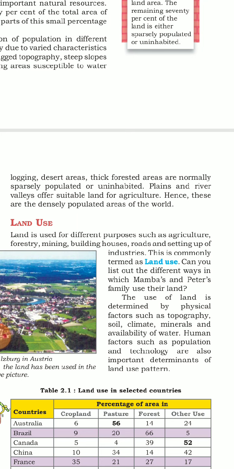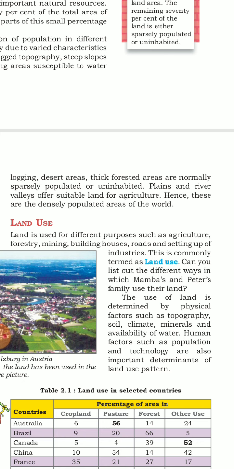Using land for buildings, roads, markets, agriculture, grazing fields, railway stations, airports, hospitals, educational institutions, community recreation centers like playgrounds, swimming pool, parks, etc., and setting up of industries, for which land is used, is known as land use.